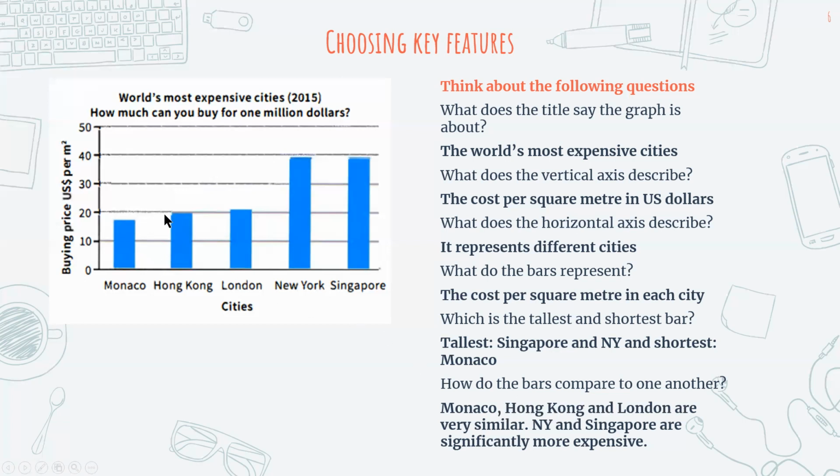They are almost the same, but of course they are not the same. New York and Singapore are significantly more expensive. So this is what I need to start writing my report.